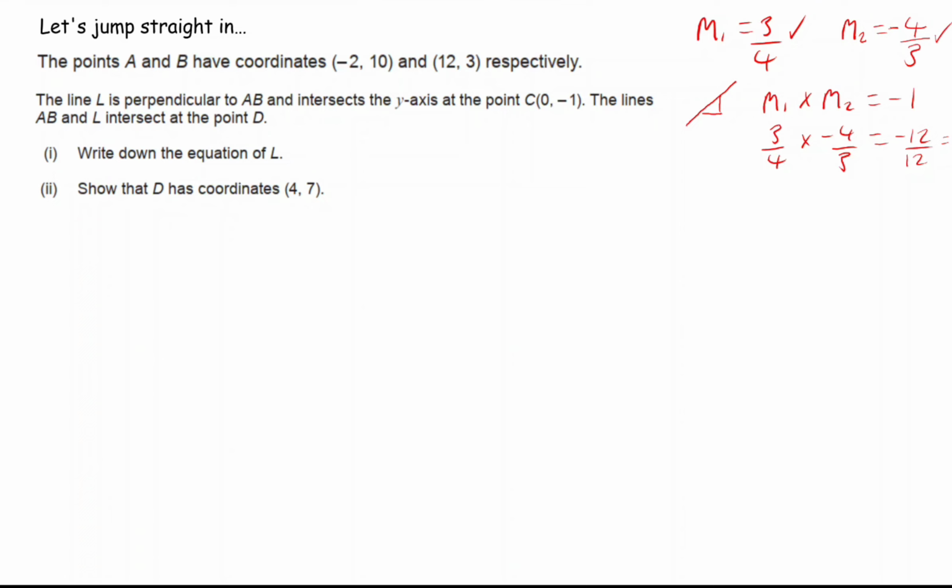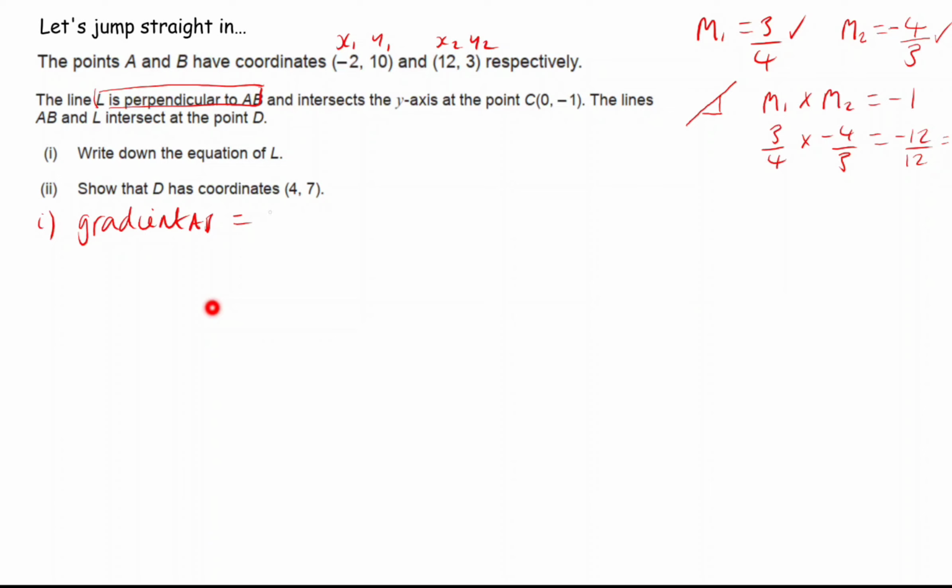So step one is to use the fact that we know that L is perpendicular to AB. So first of all, we've got to find the gradient of AB. We're going to use, this is our x1 and y1, and this is our x2 and our y2.